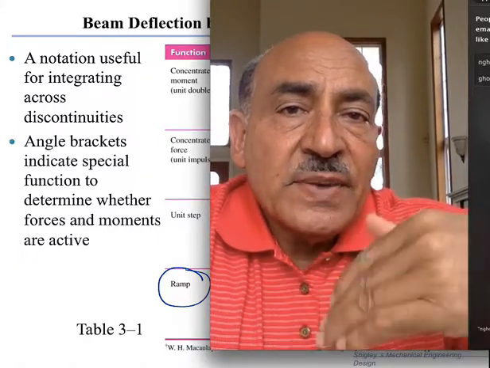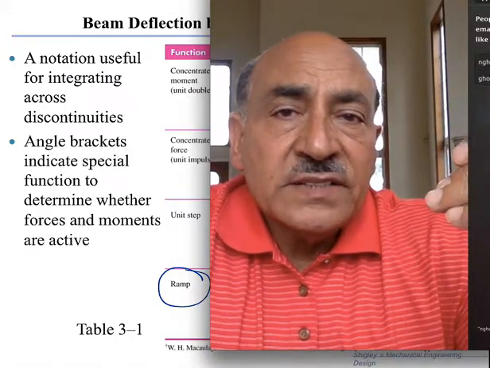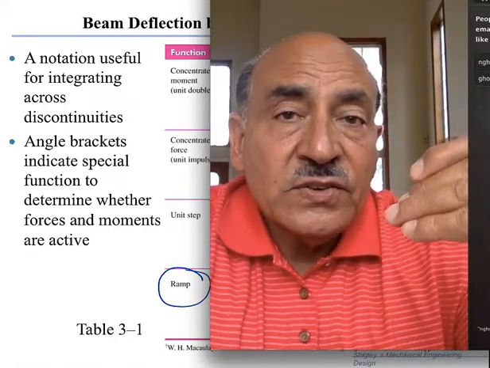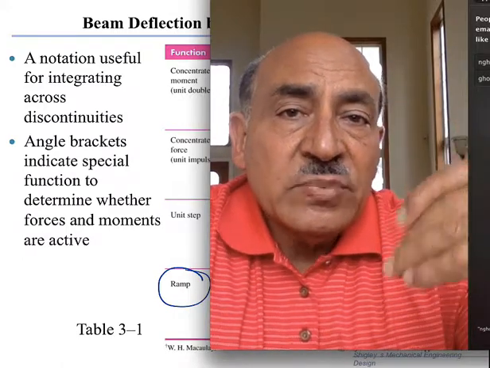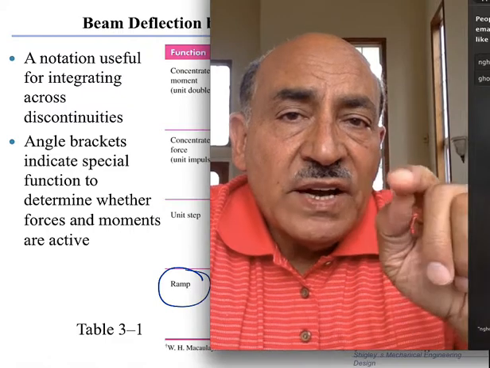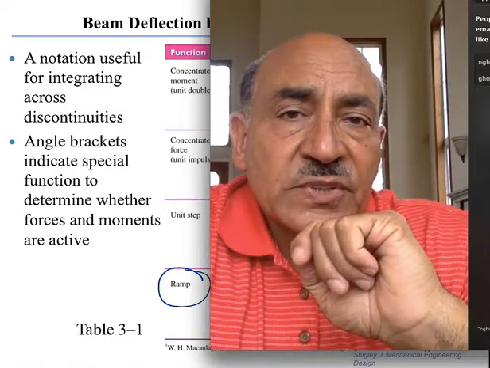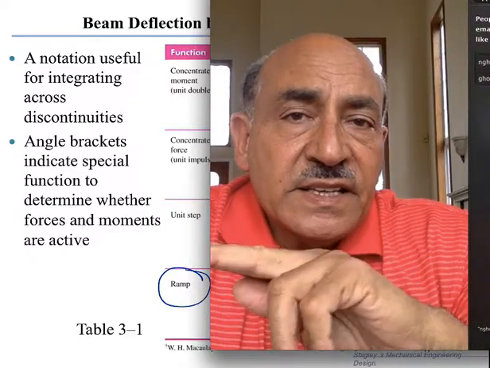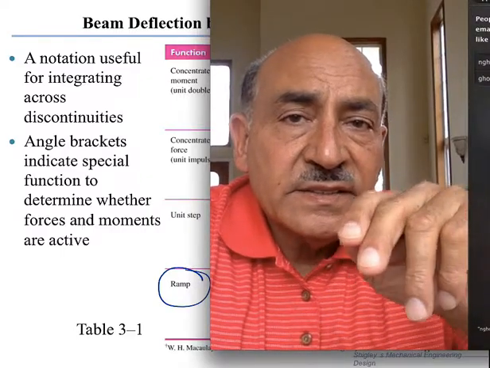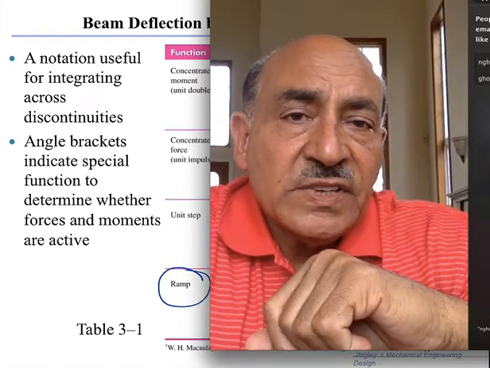So the power minus 2 means moment, minus 1 means a concentrated force, 0 means a uniform distribution, and plus 1 means linear. And x minus whatever the number is, A for example, means that it either doesn't exist except at A, or is turned on at A. That's the meaning of those.